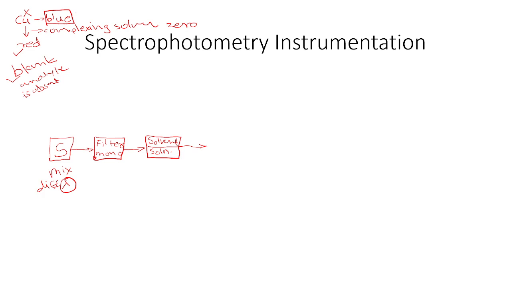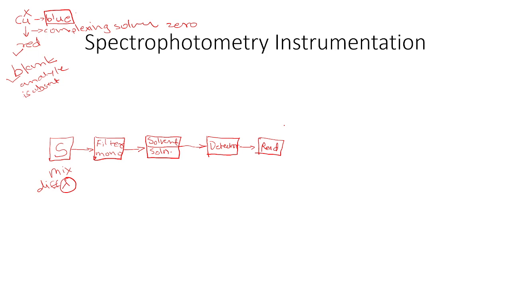And then these radiations which are coming out of the solution are forwarded to the detector, and this detector is connected to an electronic circuit where your absorbance or transmittance or optical densities are read out in the form of numbers.